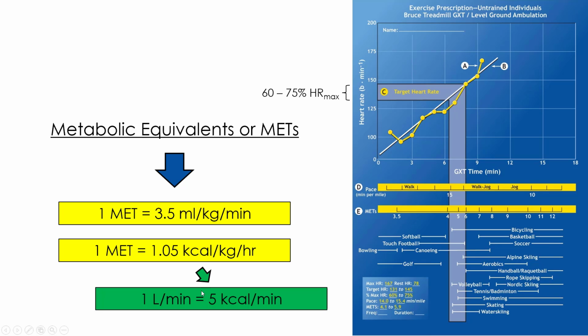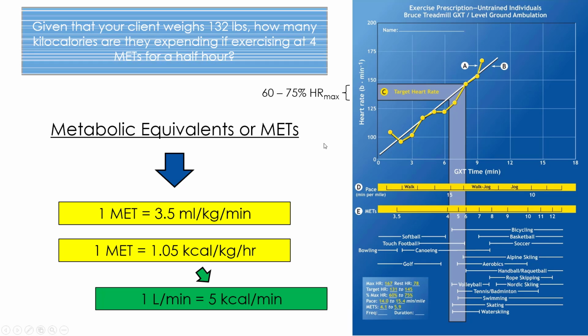So you can convert that too if you know how much oxygen they're consuming. So given that graded exercise test, you have how much oxygen they're consuming in liters per minute. You can convert at this first stage of exercise in the Bruce test how much energy they're expending given that intensity. And so if you tell them to go walk at that same intensity, then you can get a great idea of how much energy they're expending.